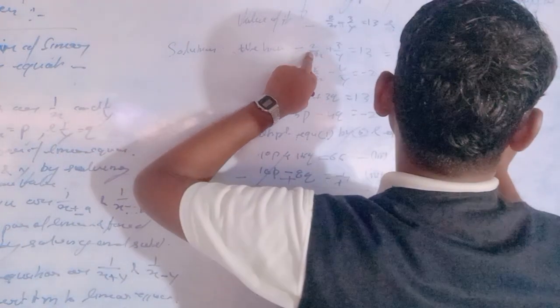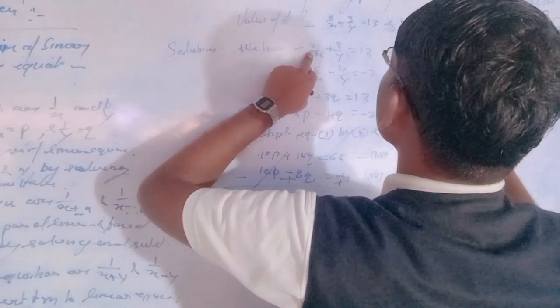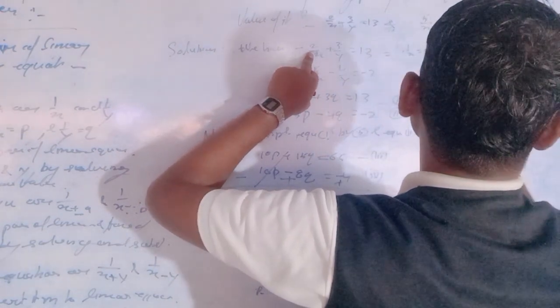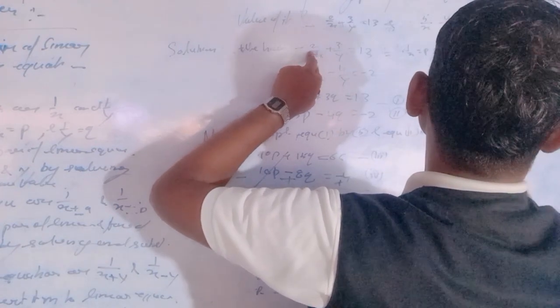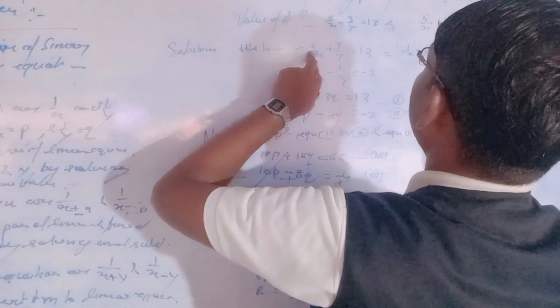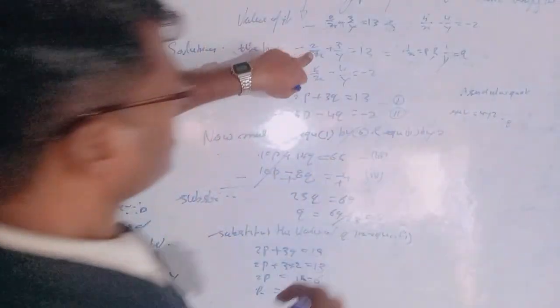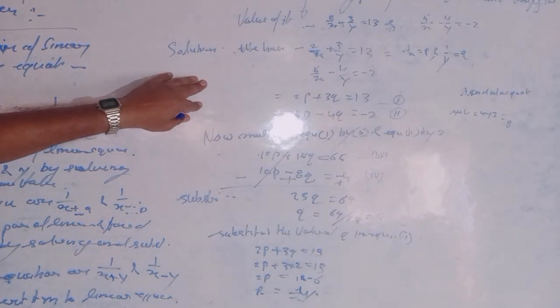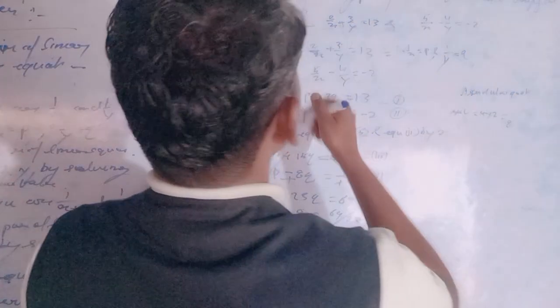So the values of p and q can be found, 4 into 2 is equal to 8, and 3 by 2 is the value we found. Okay, so we have found the values of x and y. 1 by x is equal to p and 1 by y is equal to q, and verification can be done. So x is equal to 1 by 2 and y is equal to 1 by 3.